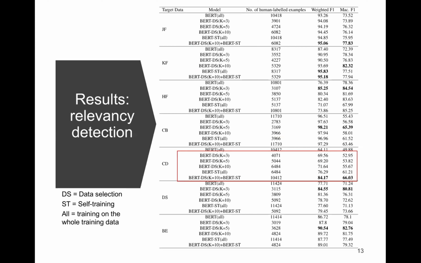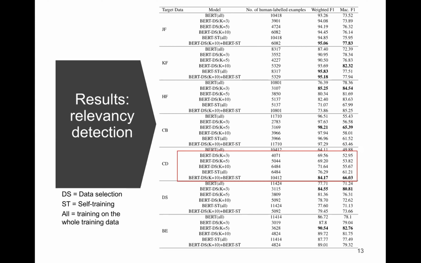And we found that combining them together achieved the highest score on the COVID-19 data, enhancing the macro and weighted F1 by 12%. However, using just the data selection achieved better performance for two flood events, the Kuwait and the Hafr al-Batin.